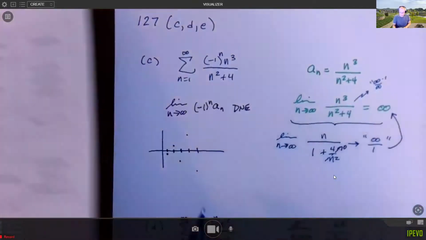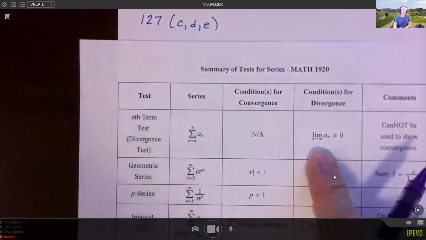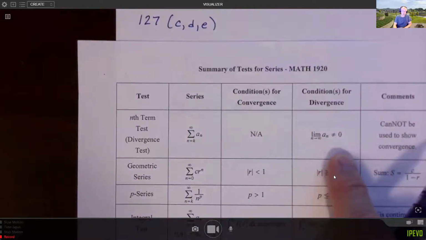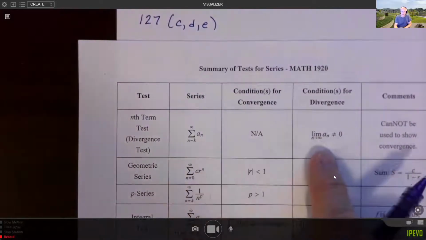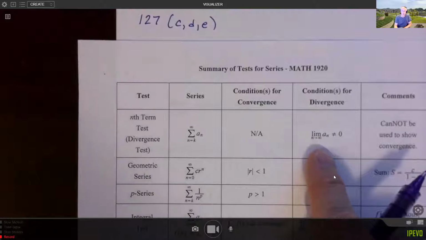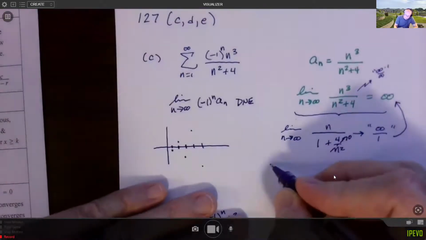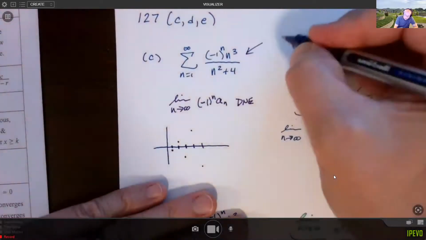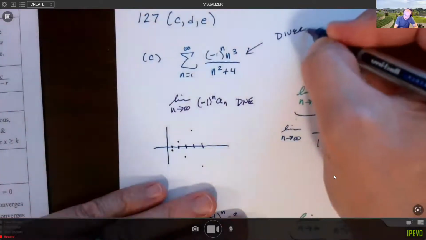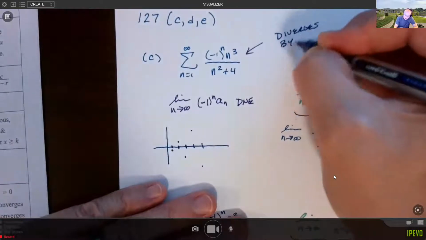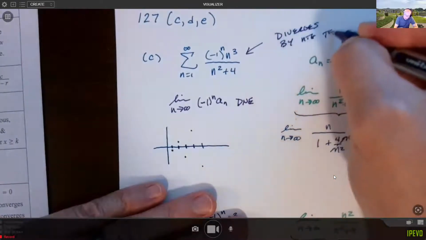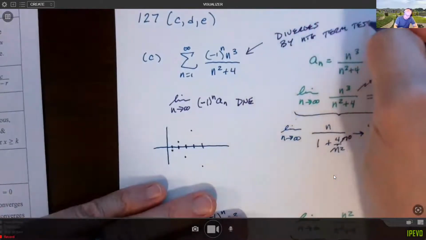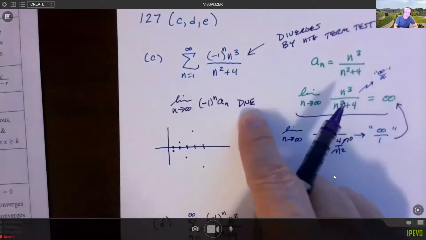And whenever the limit of the terms of any series is not equal to 0, we know the series is divergent by the nth term test. So right here, we can say this diverges by the nth term test.